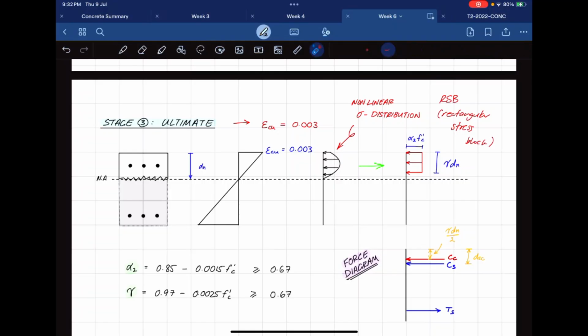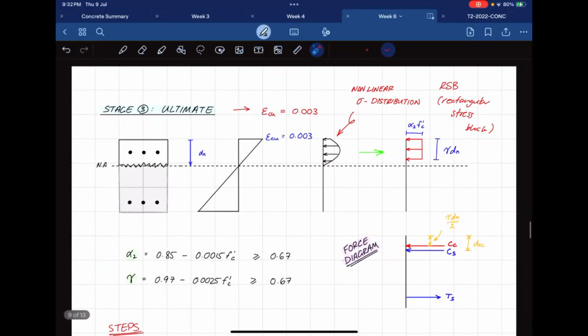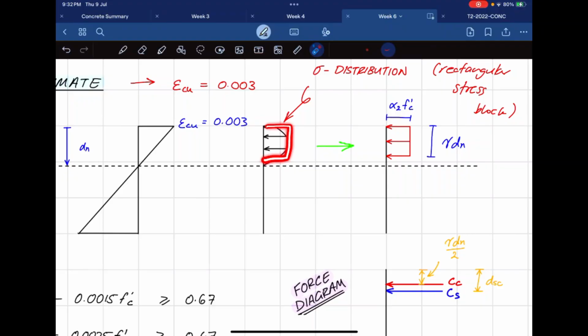Because our stress distribution is nonlinear, what this person figured out was a way to make the stress distribution linear, so our calculations become a bit easier. Before that, they were doing a bit of iterating to figure out what dn was. It's a bit difficult, right? But there are two factors now that we use, alpha 2 and gamma, to make this into a rectangle. First, we take f'c and multiply by alpha 2, which gives us this value.